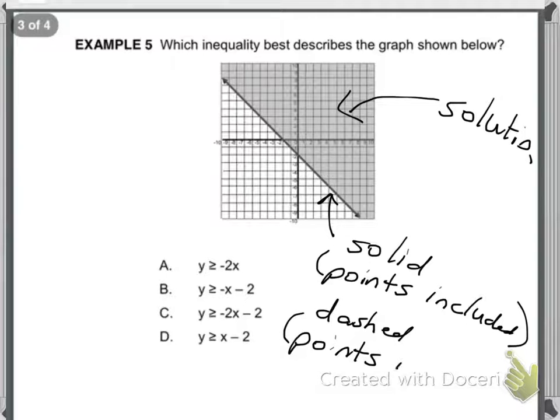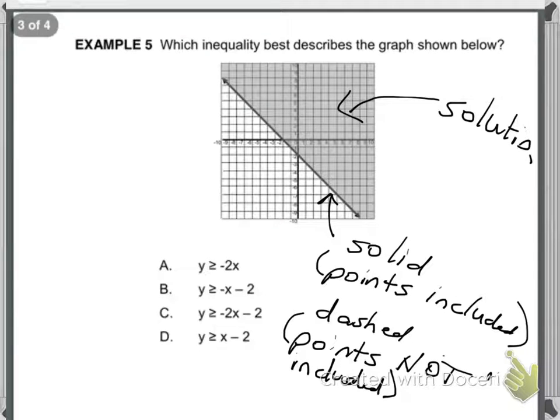And that could be really a STAR question. I don't think you're going to see that on TAKS, although you could. I just did that wrong. Points not. That's what I wanted to put. Not included.